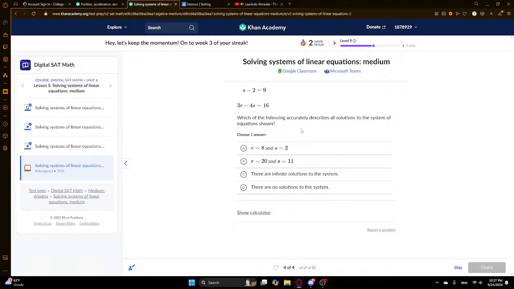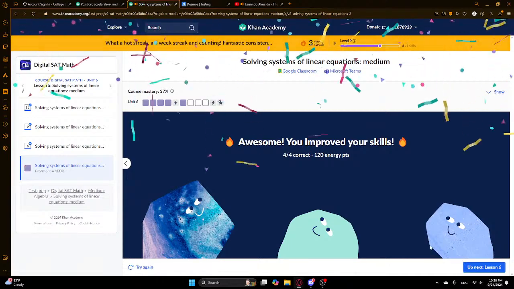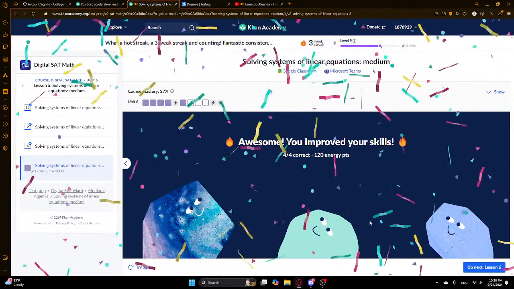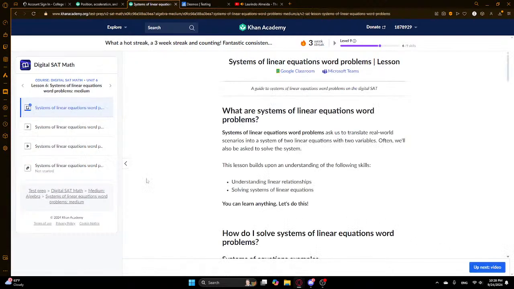R equals 20. Still not confident with that.